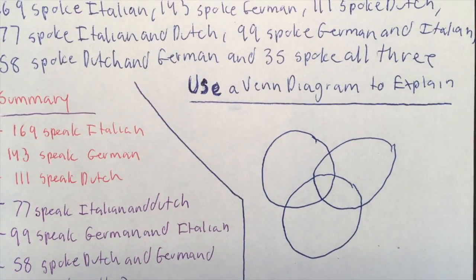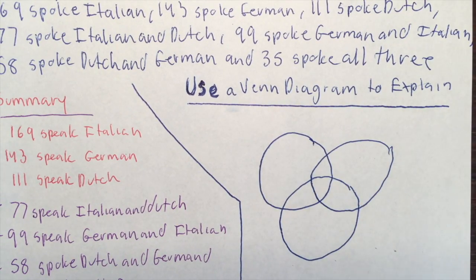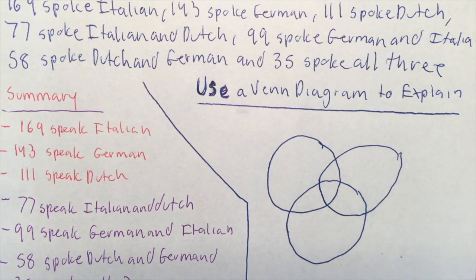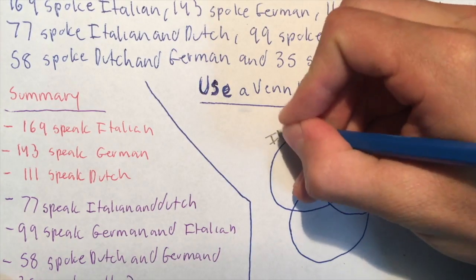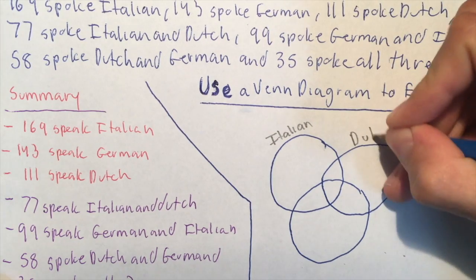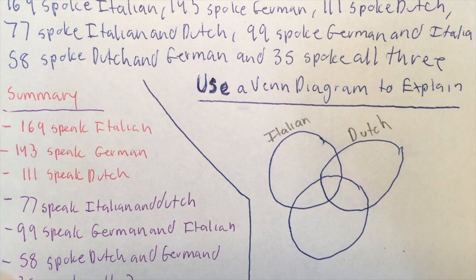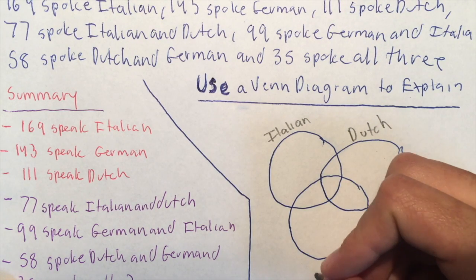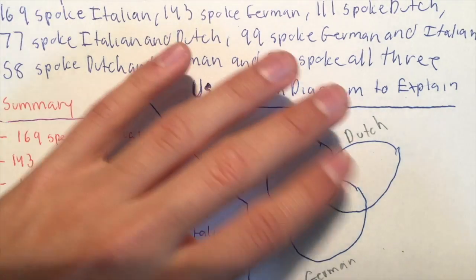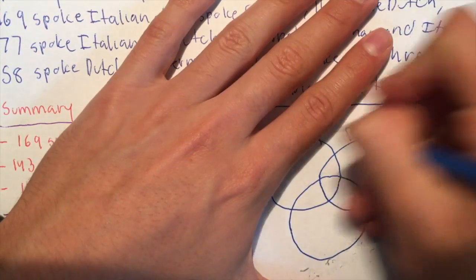First thing we want to do is label each circle. We know we have three languages, so let's write those down. We have Italian, we have Dutch, and we have German. Actually, let me switch these around so they're in order.